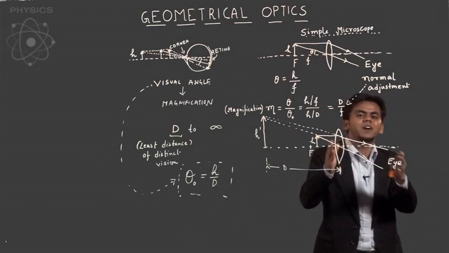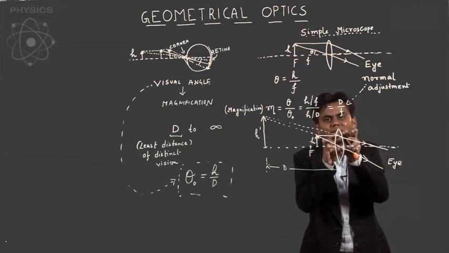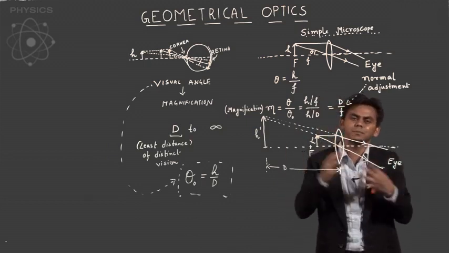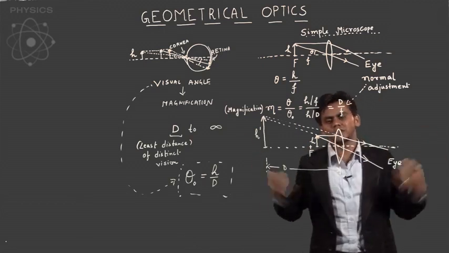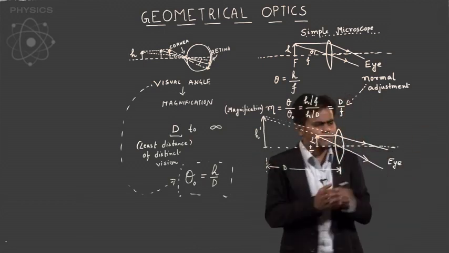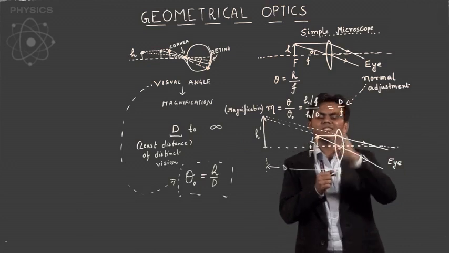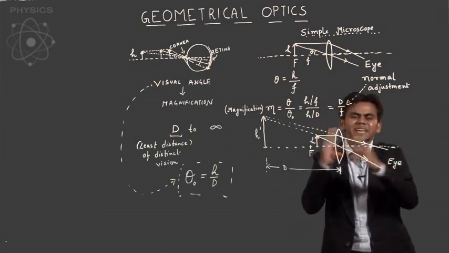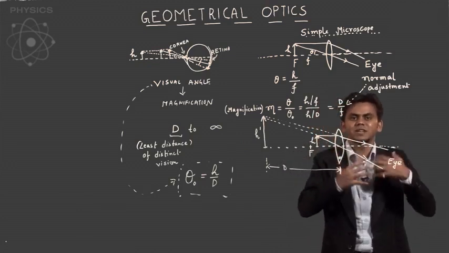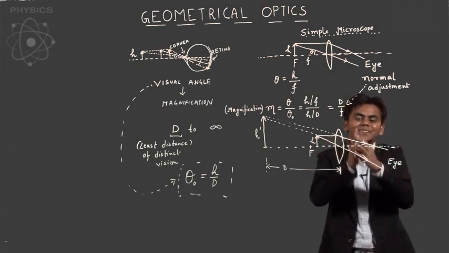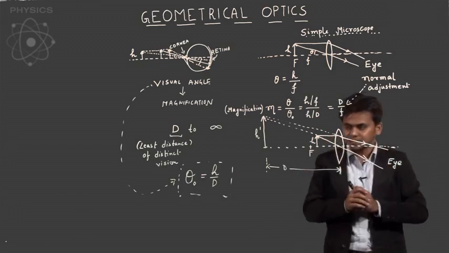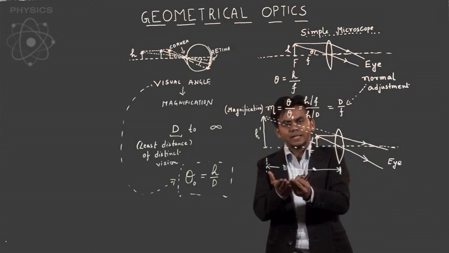Your eye won't be this far away. Your eye would be just here itself. Just for the sake of understanding, I've made this diagram in such a way that you feel d is only till here, while my eye is here. But your eye essentially is here only. I'm exaggerating this distance to have better visualization of the situation.